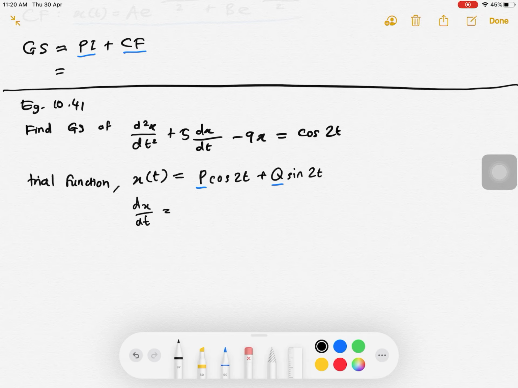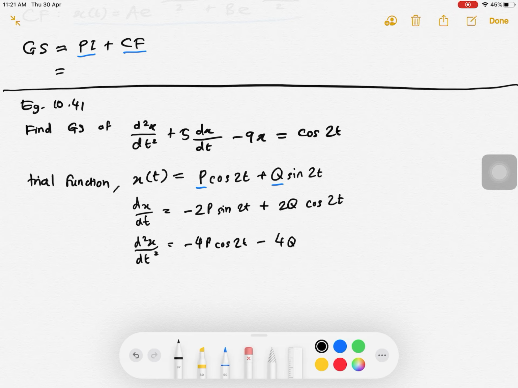So dx/dt is equal to negative 2p sin 2t plus 2q cos 2t, and the second derivative is equal to negative 4p cos 2t minus 4q sin 2t.